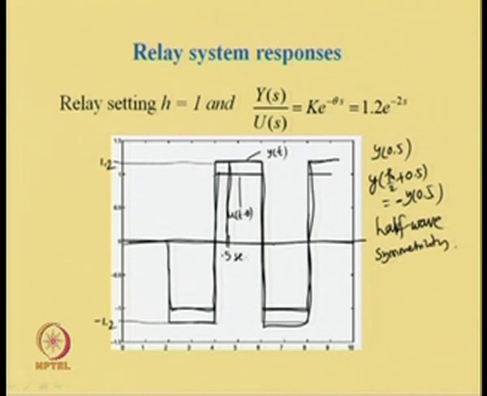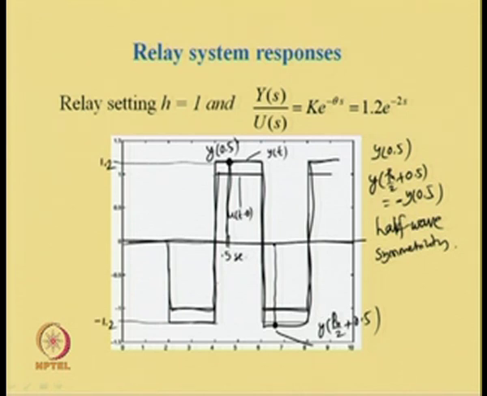So after half a period, the output will be the negative of the value you get over here. This value is denoted by y(0.5) and this by y(Pu/2 + 0.5).